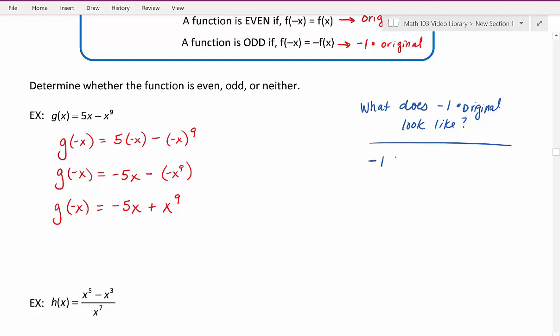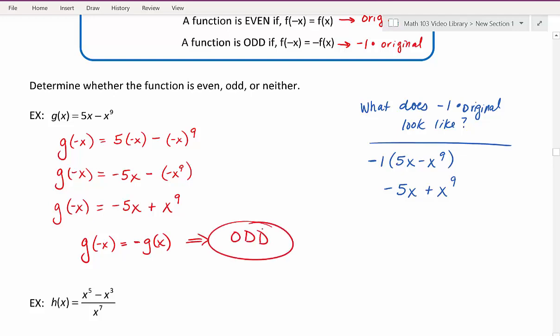So negative 1 times the original would be negative 5x plus x to the 9th. Is that what we have over here? It sure is. So g of negative x is indeed equal to negative g of x, which tells us that this function is odd.